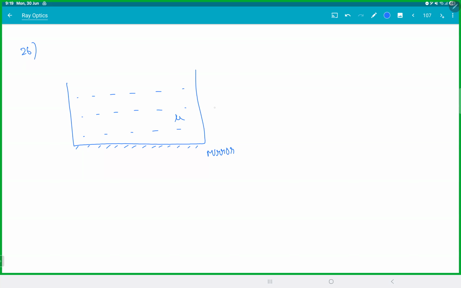Refractive index is mu, depth of the pool is d. A bird is flying at a certain height, h. So the bird is looking down and is looking at its own image. Find the distance of the bird's image as seen by the bird. The bird is looking at its own image in the mirror, which is under the pool.